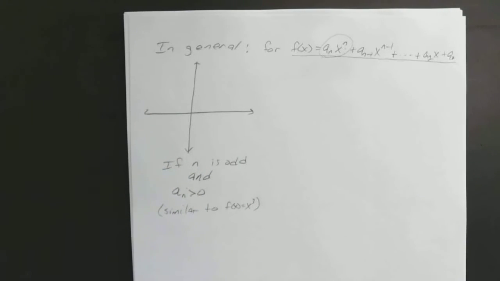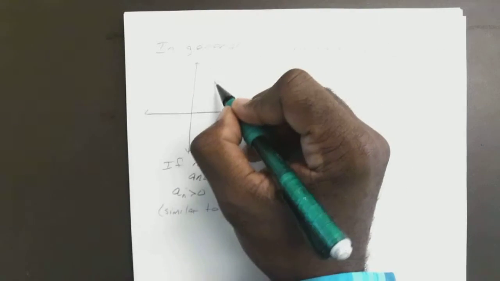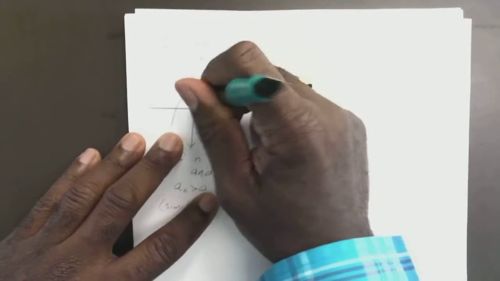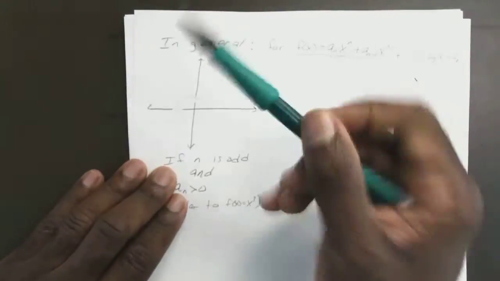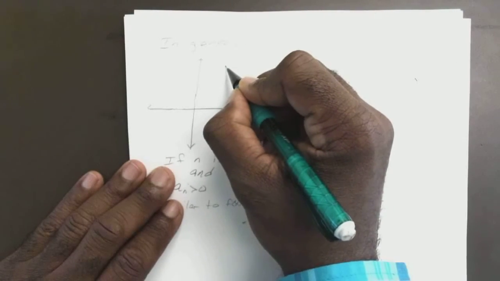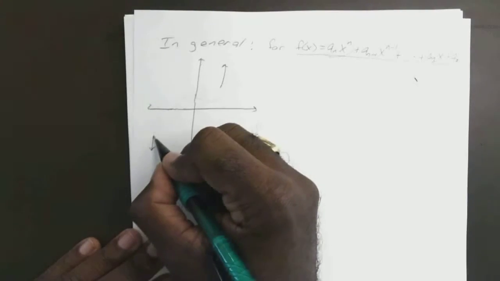If this has the same description as x to the 3rd, then you know that your graph is going to look like some variation, as far as endpoints go.